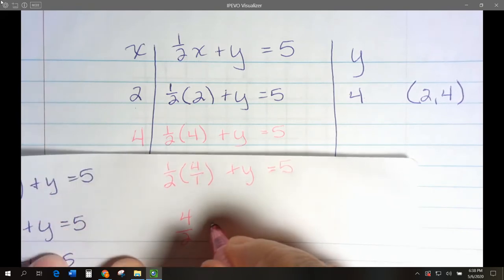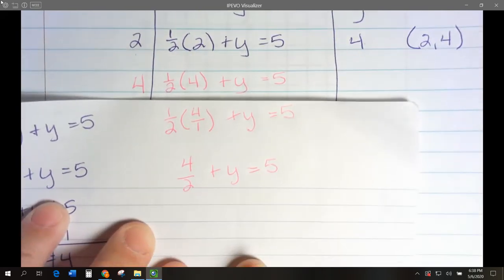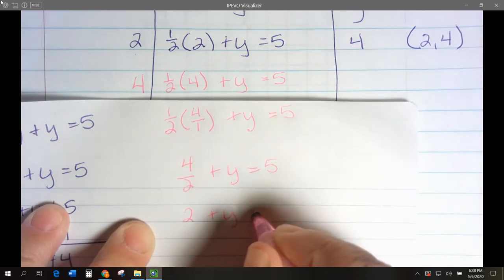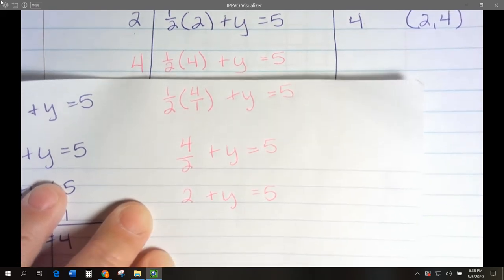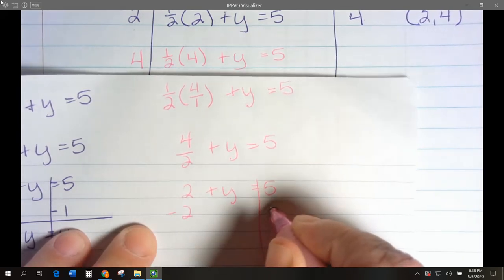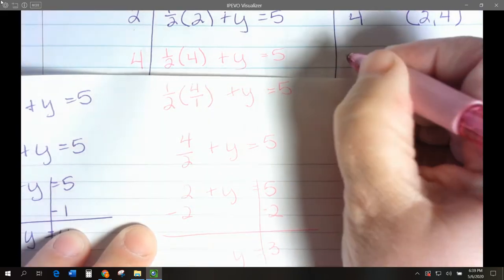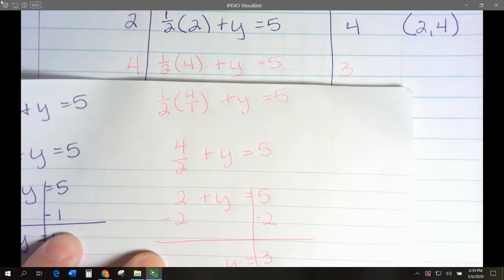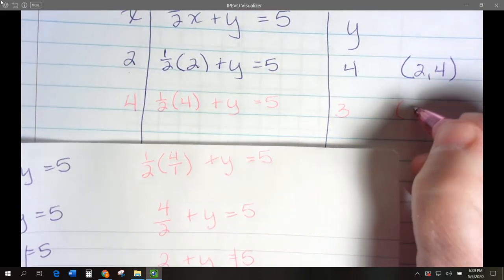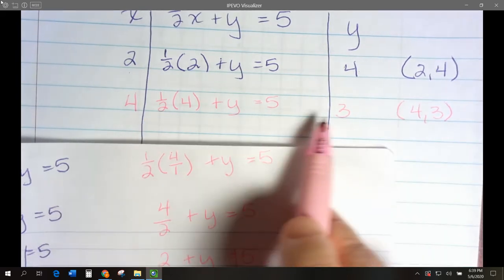So 4 over 2 plus Y equals 5. 4 divided by 2 is 2, plus Y equals 5. Now we're going to subtract 2 from both sides, and we get Y equals 3. So Y is going to be 3, and our ordered pair is going to be 4, 3. X is 4, Y is 3.